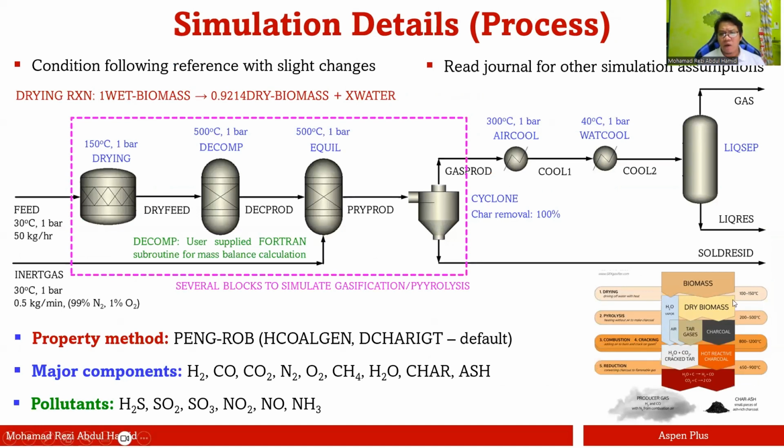The first thing you have to highlight is that the pyrolysis process does not exist as one step. There are a few smaller steps occurring, for example, drying of biomass.